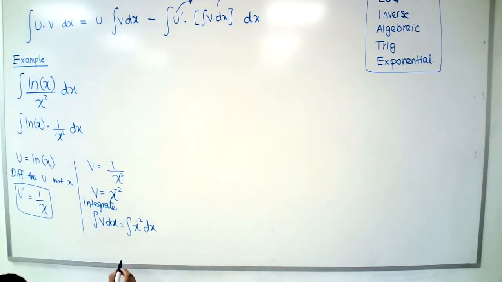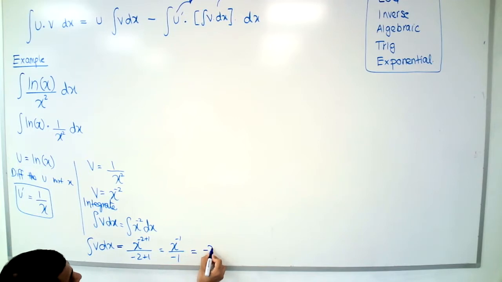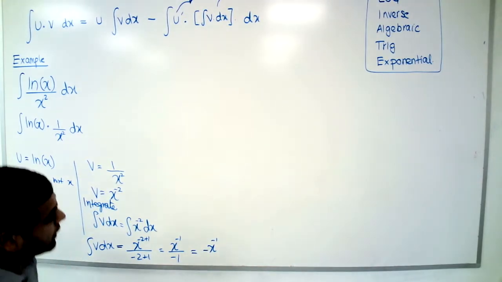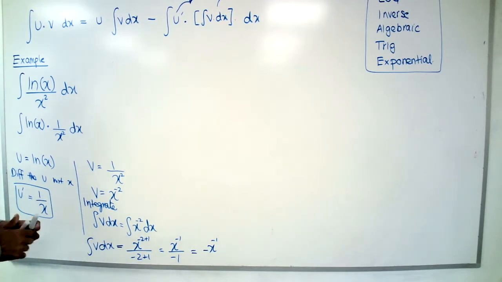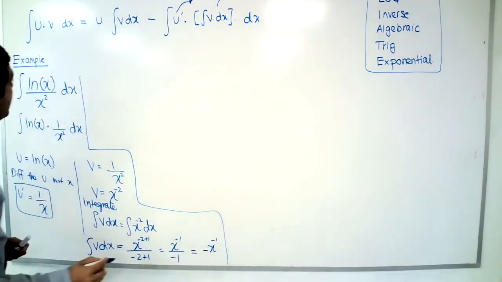So this thing will become x to the minus 2 plus 1 divided by minus 2 plus 1. So that will be x to the minus 1 over minus 3? No, minus x to the power of minus 1. So minus x to the power minus 1. Thank you. Okay, so we got this one. Thank you, Roman. You're not going to get extra marks in the exam.